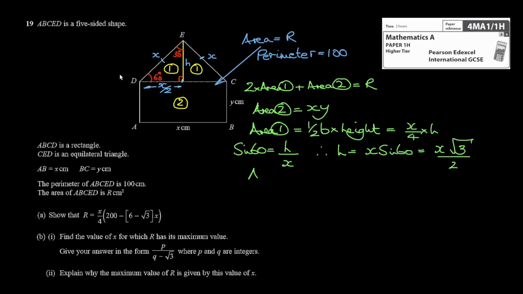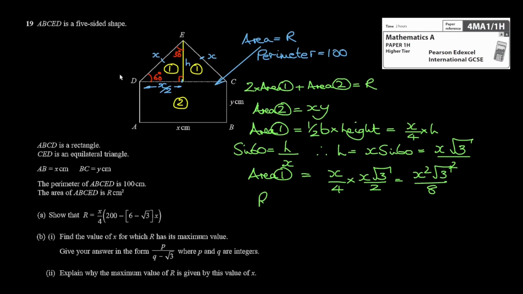Okay, so I can now say that area 1 is equal to x over 4 multiplied by x root 3 over 2, which is equal to x squared root 3 over 8. So let's try to find out what R is now.